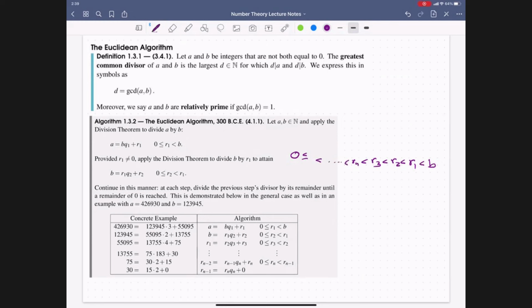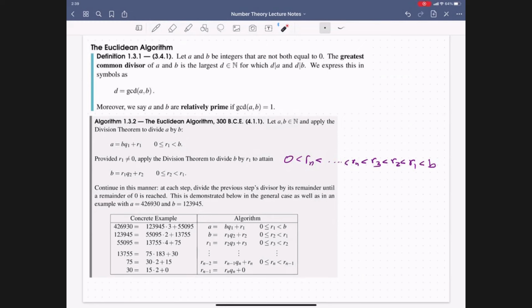And so we are guaranteed to always end at some r sub n. So we can use this argument, essentially the well-ordering principle, there is a least element in this collection of r's, to conclude that there is some such r_n.